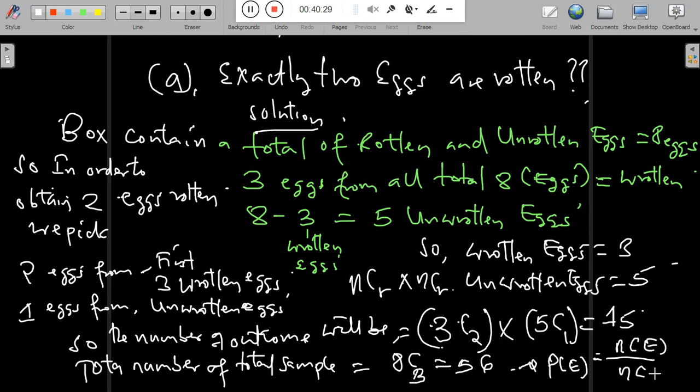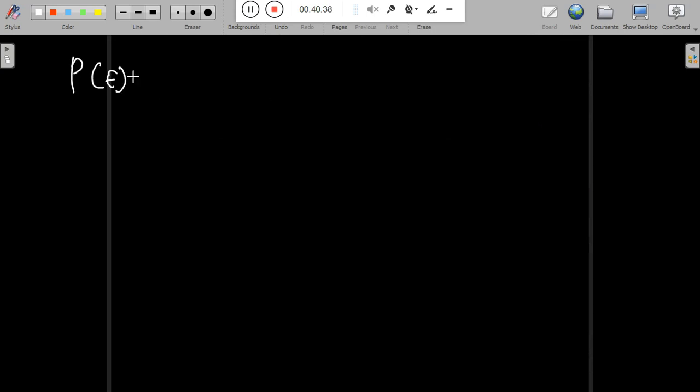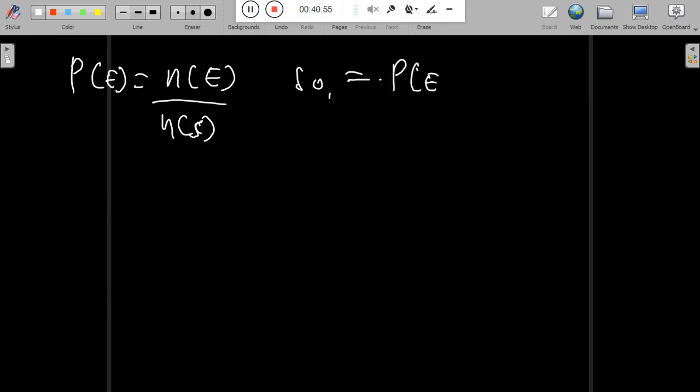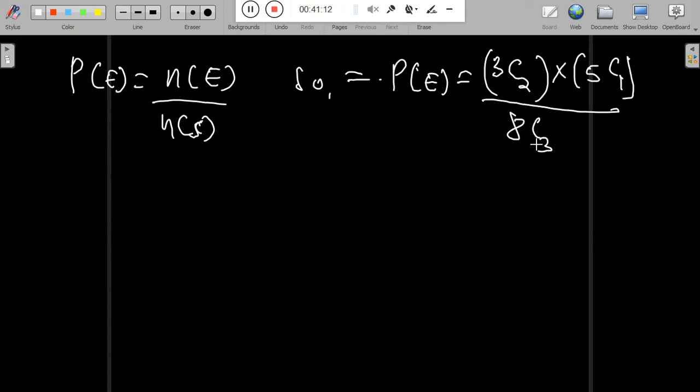After doing so, let's take the probability of an event, which is equal to the number of events over the total number of sample space. This will be equal to 3 combination 2 times 5 combination 1, divided by the total number of sample space, that is 8 combination 3, which gives you 15 over 56.